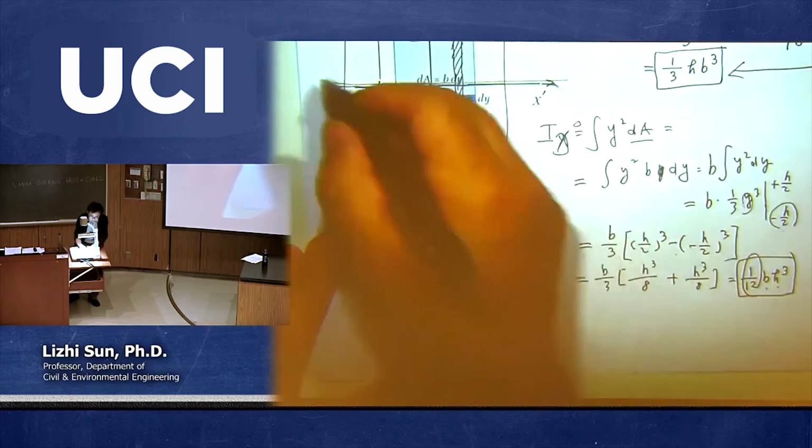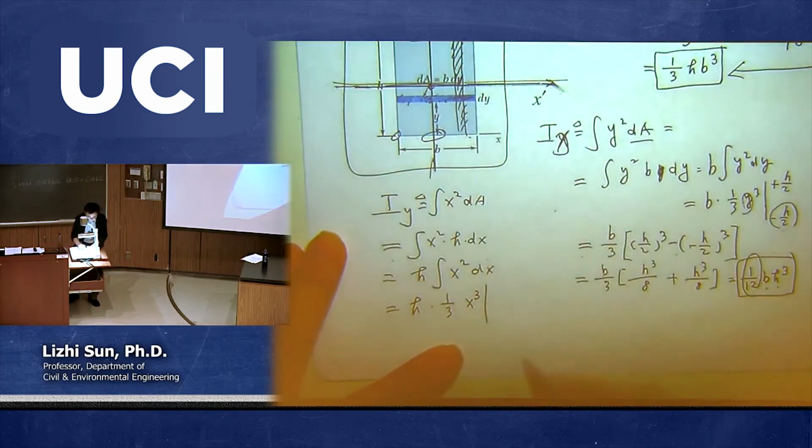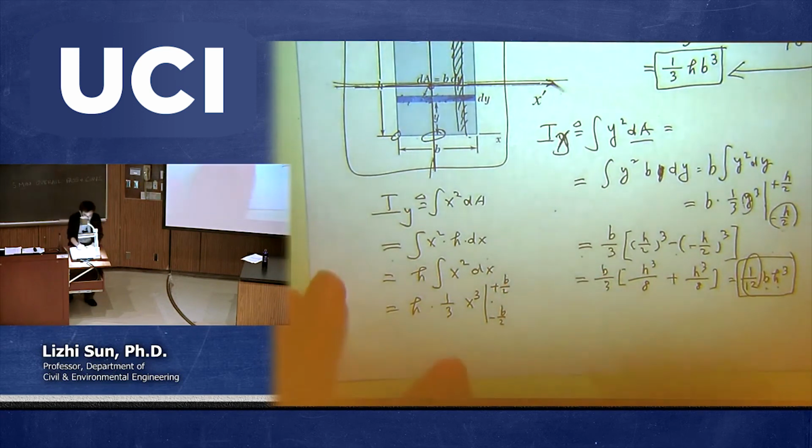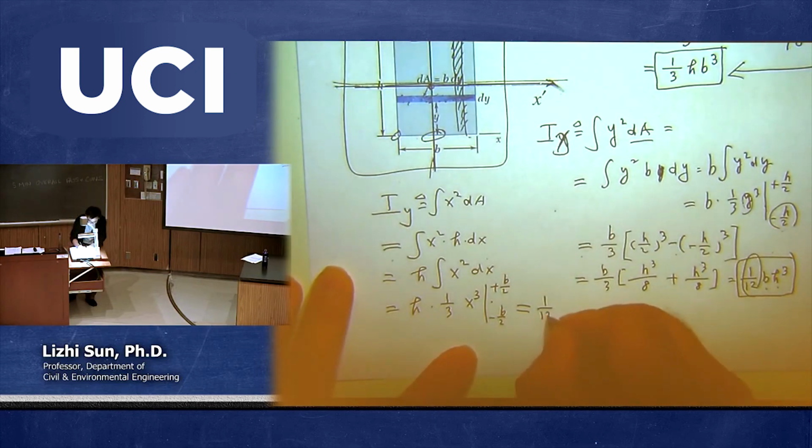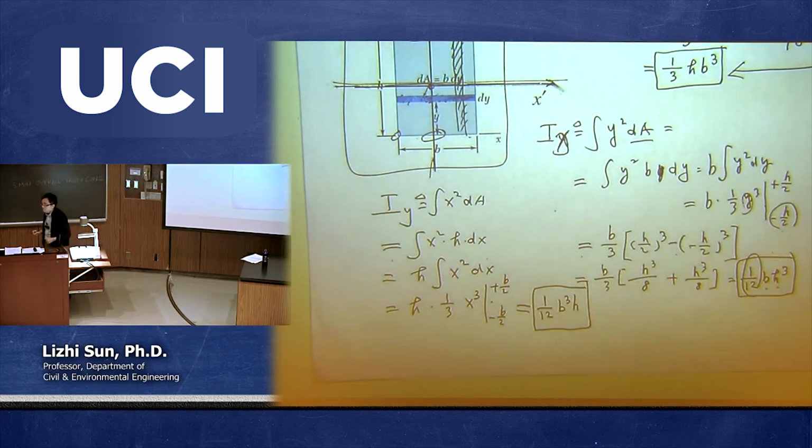So in this coordinate system, the lower bound would be negative half b, the upper bound positive half b. Then you plug into the equation x cubed, and you finally end up with 1 over 12 b cubed h. This is the moment of inertia with respect to the y-axis if you set up the coordinate system at a central location point.